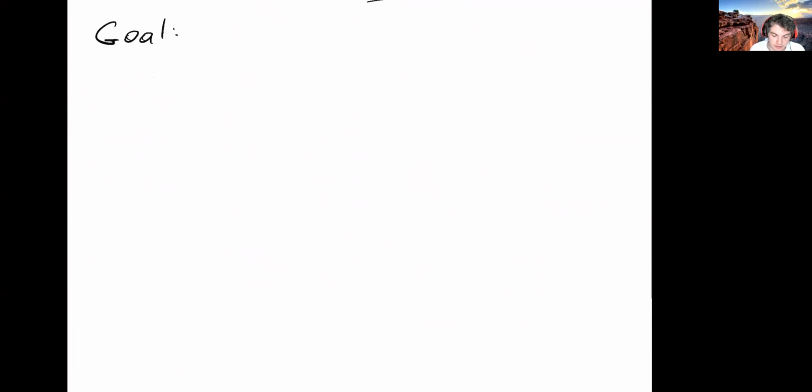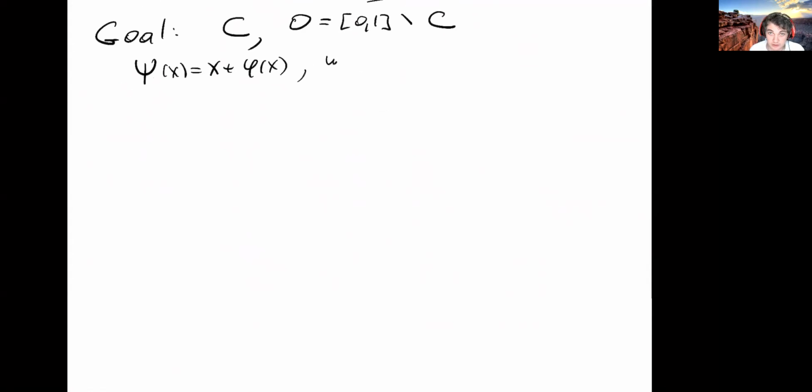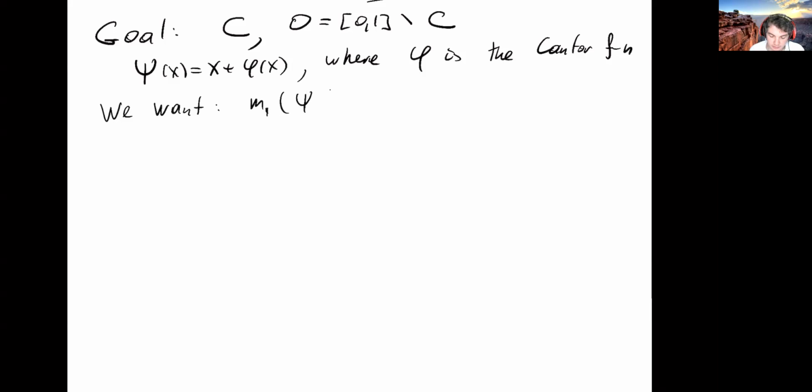I'm going to remind you that we have our Cantor set C. We have O equal to [0,1] minus C. And we have psi of X equal to X plus phi of X, where phi is the Cantor function. This is actually the goal: we want to prove that the measure of the image psi of O is equal to 1.